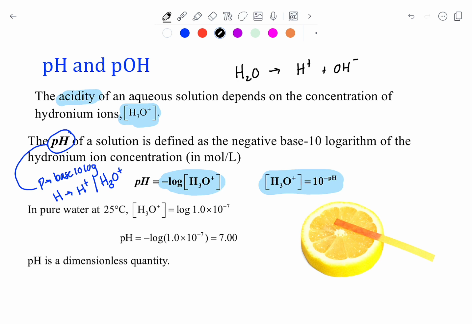So we'll see that H3O plus and H plus are interchangeable. They're equal to each other. One just has some additional hydrogens and oxygens to account for an extra water that may be in the reactant. So the H of pH is actually referring to the H plus slash H3O plus concentration specifically.